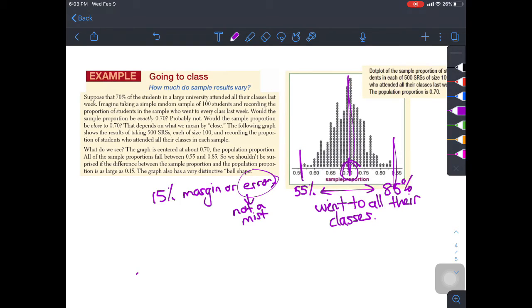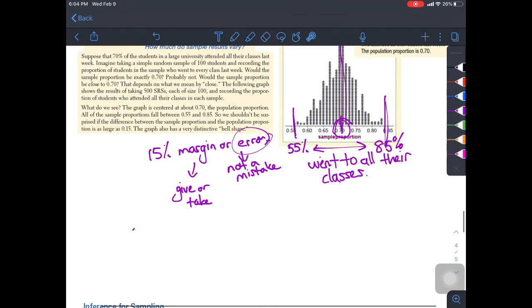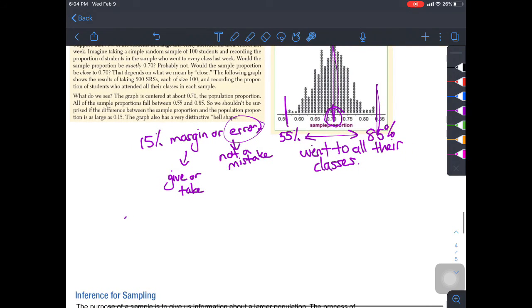You've heard of this word before, maybe, and maybe not. If not, margin of error just means give or take. Like a little over, a little under. It could be over or under about that much on average. Okay?